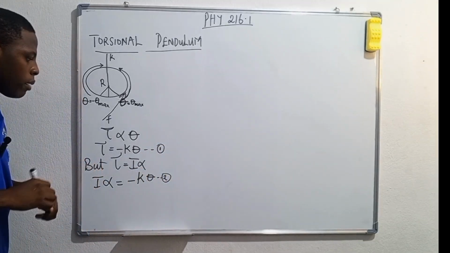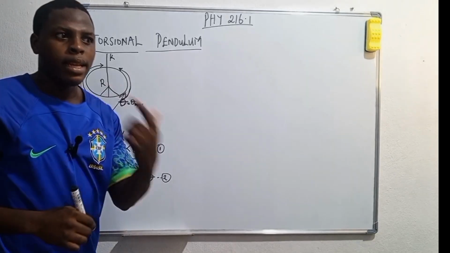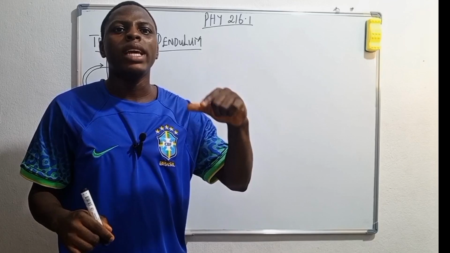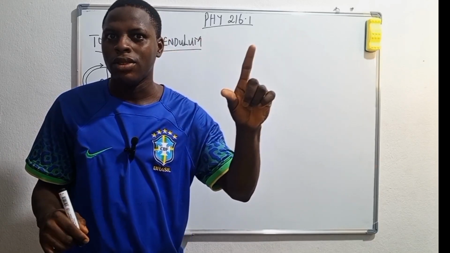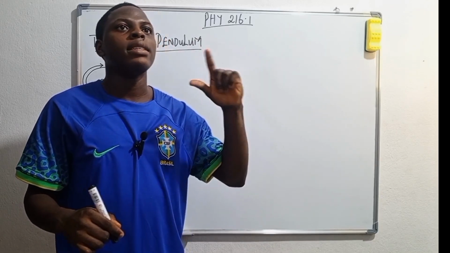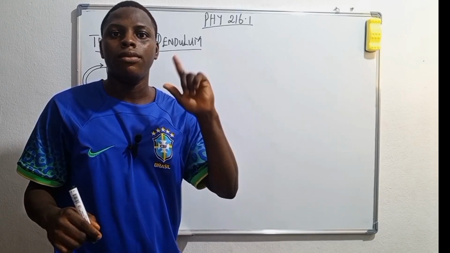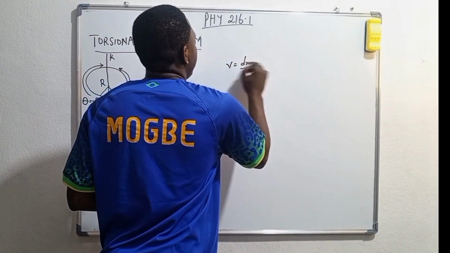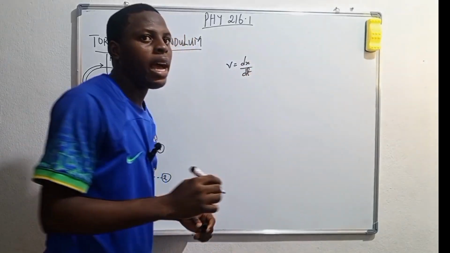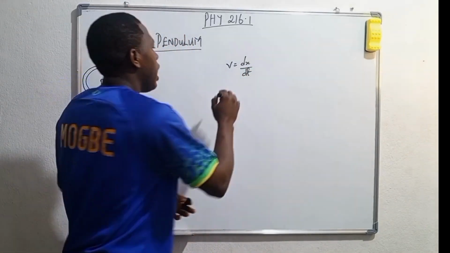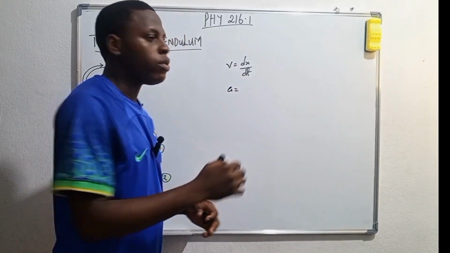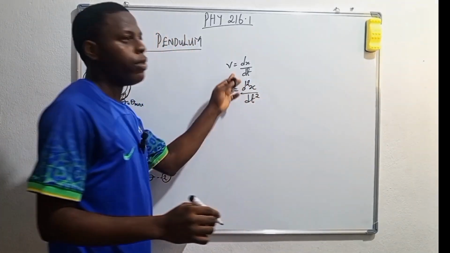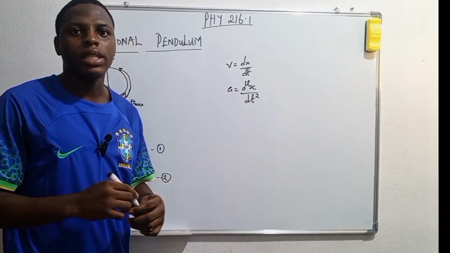this equation 2. Remember, when we are considering SHM, our interest is to get the differential for acceleration. I told you earlier that acceleration is the second derivative of position. Velocity is dx over dt, and we proved that acceleration is the second derivative, d square x over dt square.